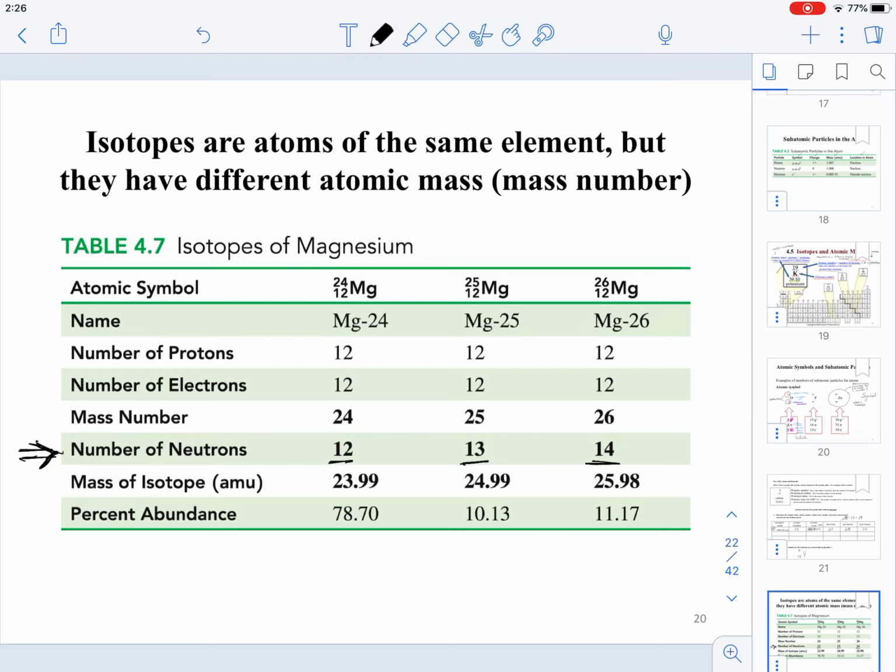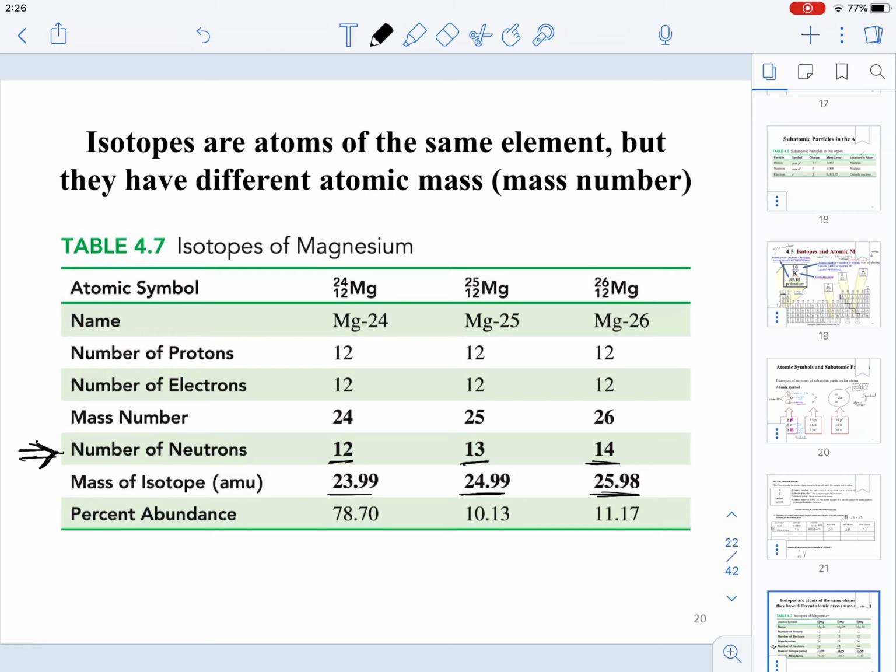That's why the mass of each isotope is affected and it is different. Okay. Whenever we're talking about an isotope, we always talk about them in terms of the element name followed by the mass. So we have magnesium 24, magnesium 25, and magnesium 26 in this slide.